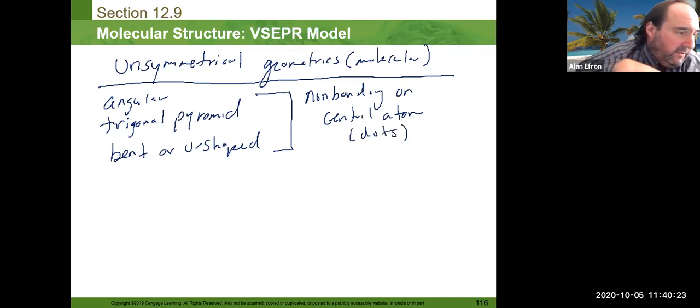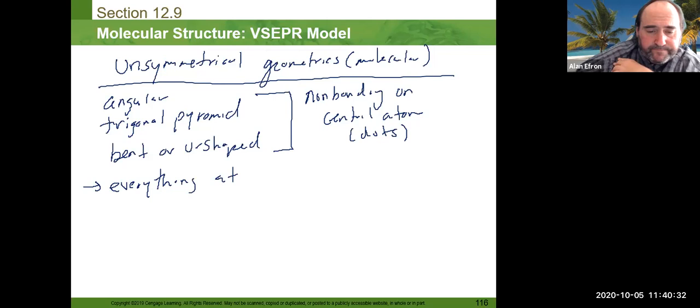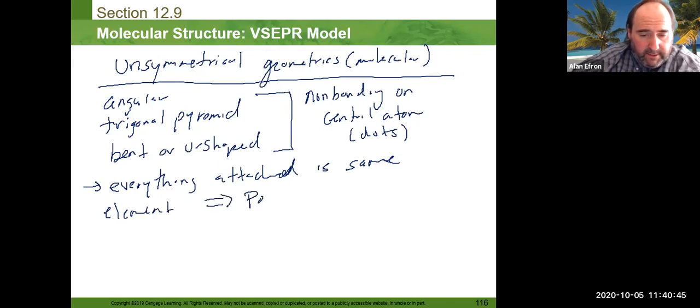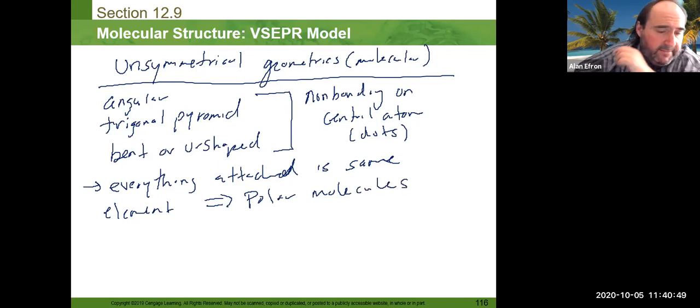If you draw a Lewis structure and you see dots on the central atom and everything attached is the same element, it will most likely be a polar molecule. So dots on your central atom, everybody the same on the outside, most likely a polar molecule.